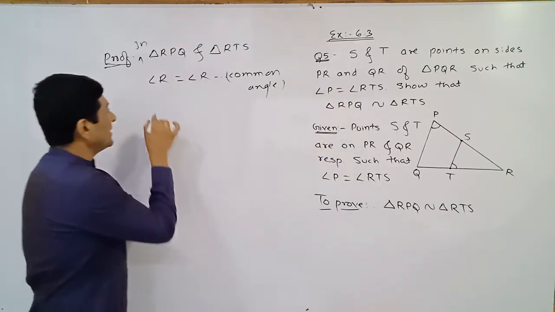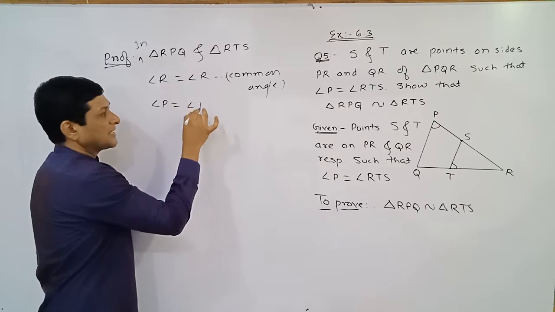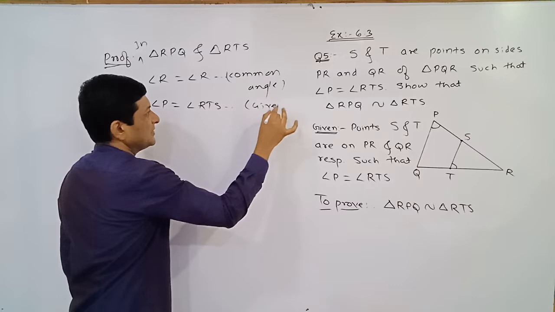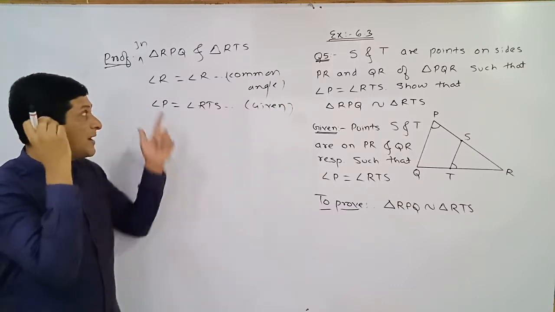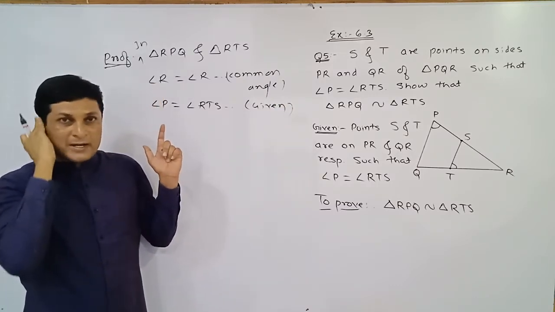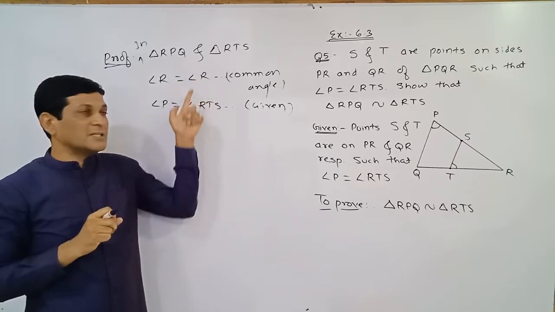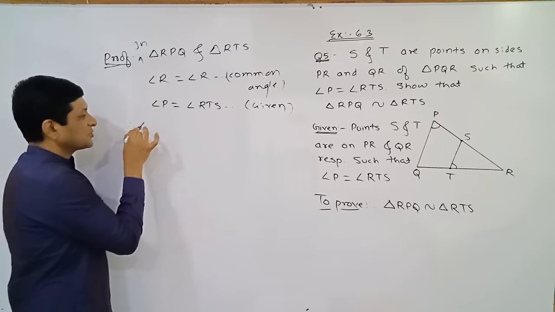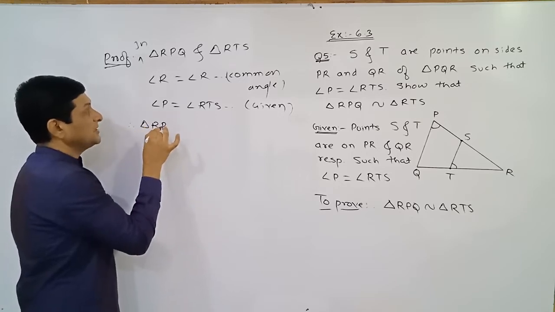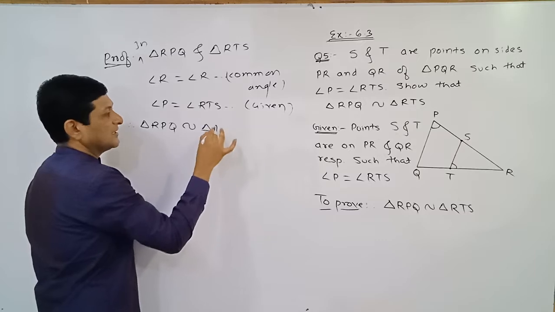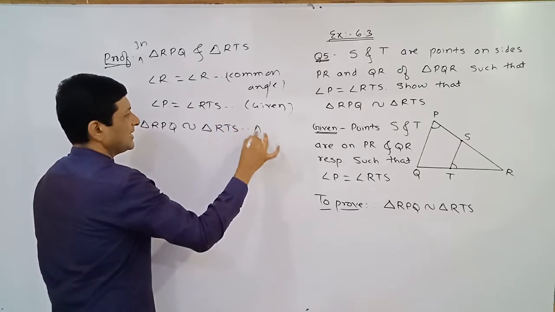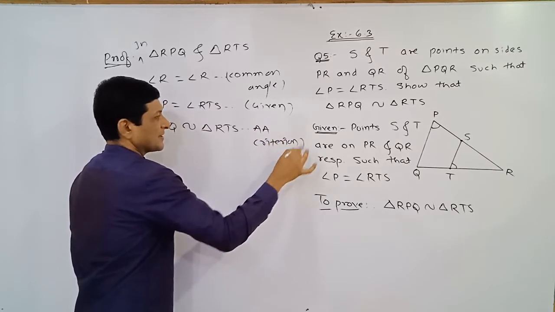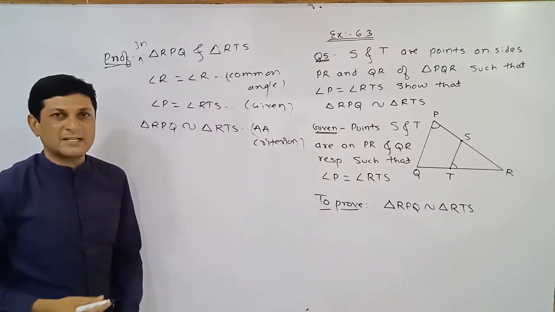Angle P is equal to angle RTS. It is given to us. In this way we have shown that two angles of the first triangle are equal to the corresponding two angles of the second triangle. That's why we can say that these two triangles are similar. Therefore, triangle RPQ is similar to triangle RTS by the AA criterion. And in this way we have shown that these two triangles are similar.